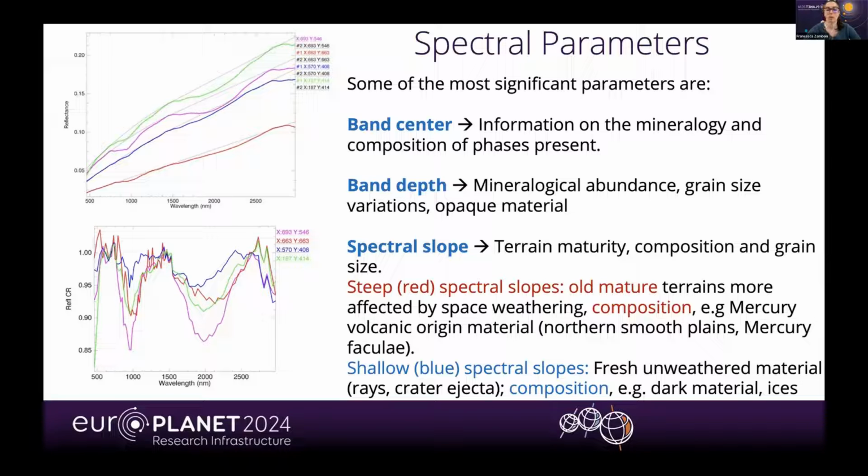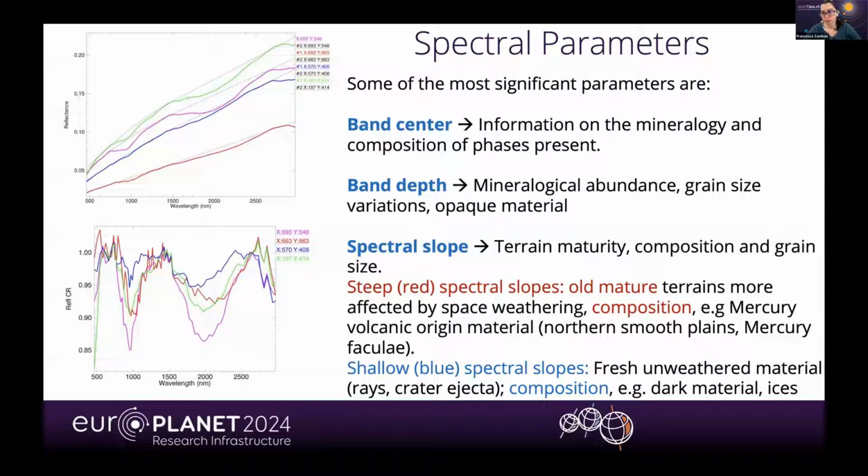They can be related to composition. For example, if you see the spectra of the pyroclastic deposits and the smooth plains, you have a red slope, so a steep slope, but in this case they are not related to the maturity of the terrain, because in this case we have younger terrain with respect to others on Mercury.